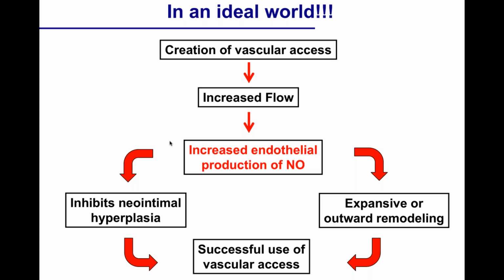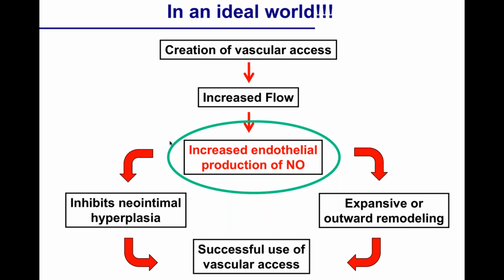And this increased flow then results in an endothelial production of nitric oxide. Now, nitric oxide is critically important because not only does it inhibit neointimal hyperplasia, but it also causes the expansive or outward remodeling that I spoke about earlier. And the end result is a successful arteriovenous fistula or graft.